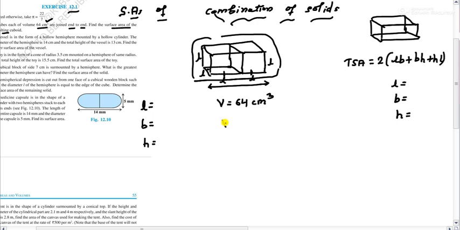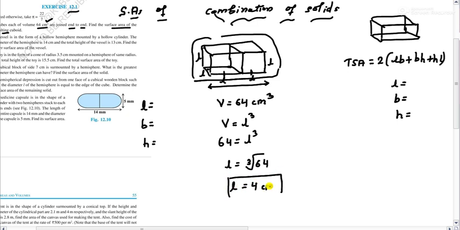You know that the volume of a cube is L cube. The formula is V is equal to L cube. Since V is given as 64, V is 64 and L is L cube. Now what is the cube root of 64? It is 4, correct? It means the length is 4 centimeter. Now in this figure, this is 4.